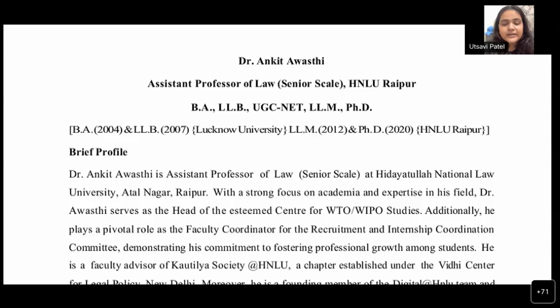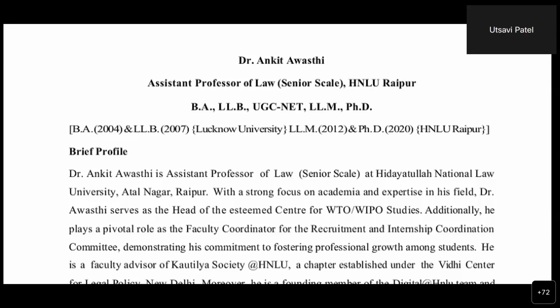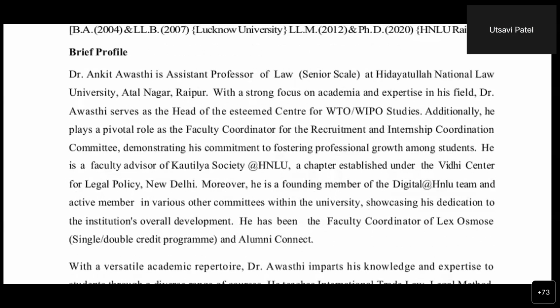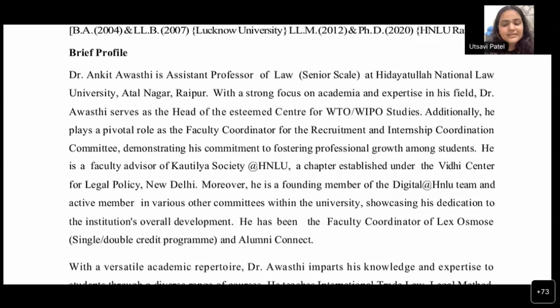Dr. Ankit Awasthi, sir. Sir is currently working as Assistant Professor of Law at HNLU Raipur. He serves as head of the esteemed Center for WTO and WIPO studies. Additionally, he plays a vital role as the faculty coordinator for the recruitment and internship coordination committee, demonstrating his commitment to fostering professional growth amongst students.